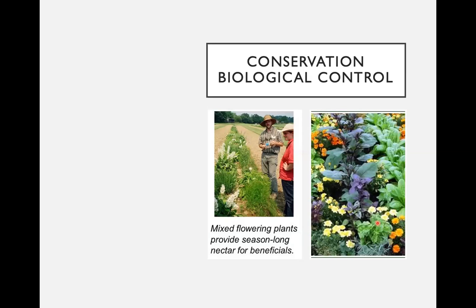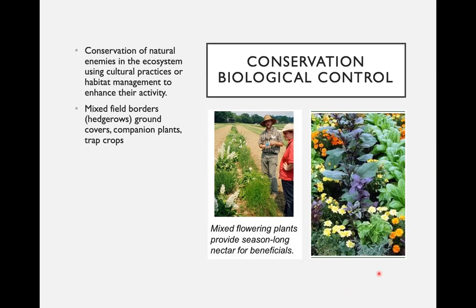So now that we've introduced the organisms that can help manage our pest populations, we can look at how we approach biological control. And we can do this in a couple different ways. Conservation biological control means that we're going to provide habitat and alternative food sources to promote the local biodiversity, and we're going to try to attract native predatory insects or natural enemies of pests to our farm.